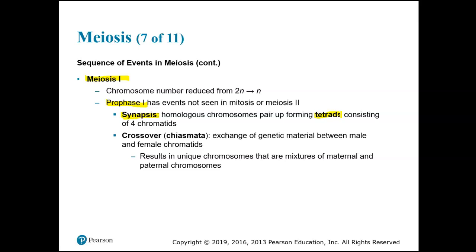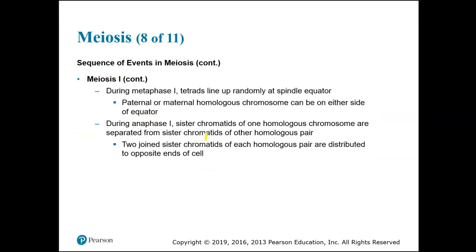Okay, and then the non-sister chromatids, one from mom and one from dad, go through a process called crossing over. They exchange pieces, and that increases the variety in the genetic traits that are passed on to the offspring.